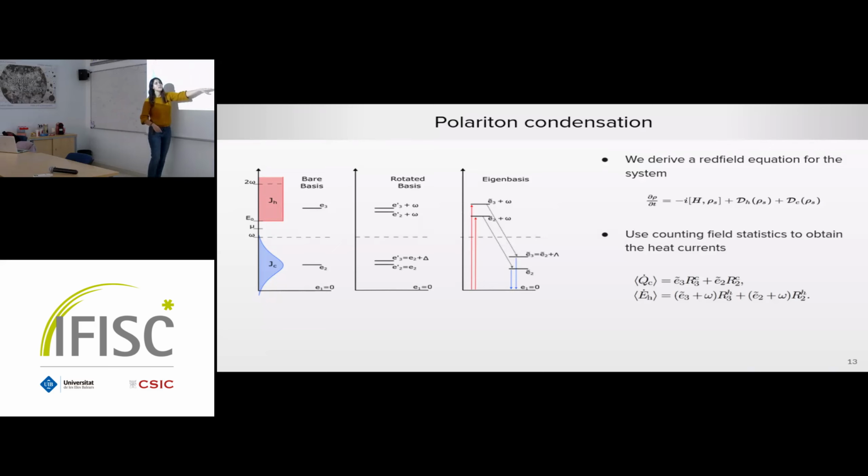And you get that the heat currents are going to be some rates times the energy that's exchanged. So the hot exchanges these two energies and the cold these two energies.